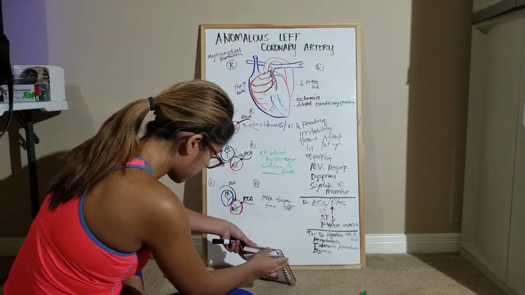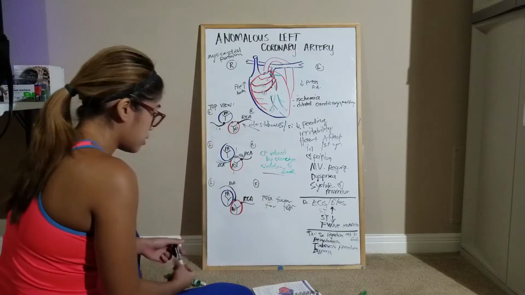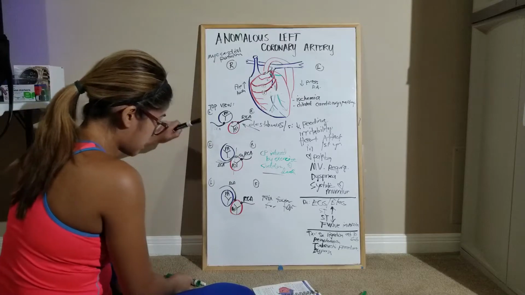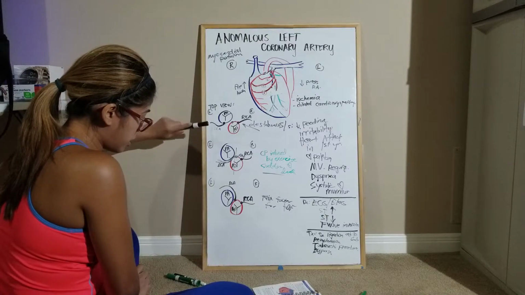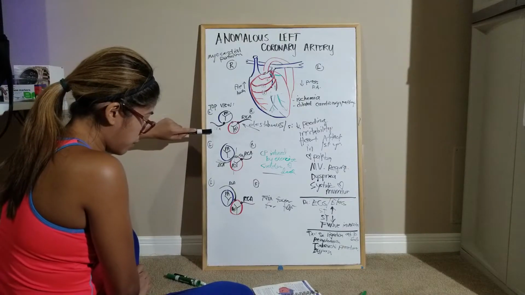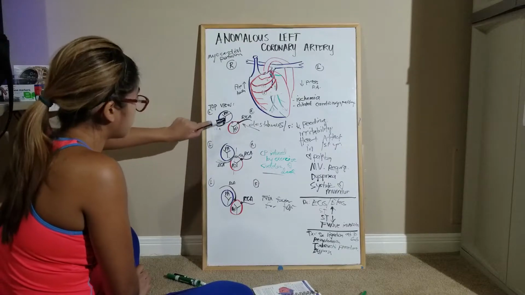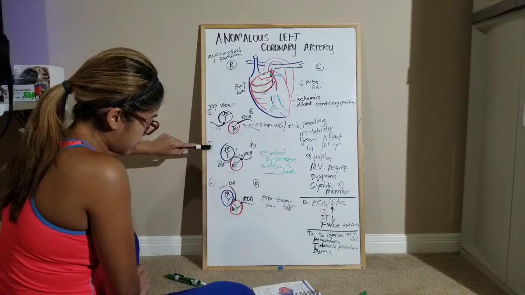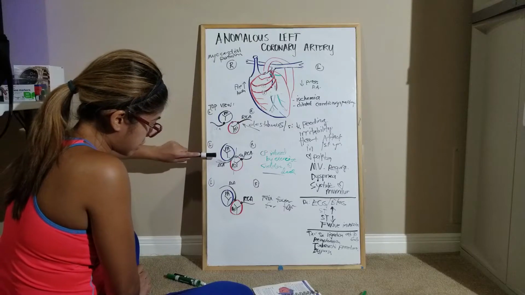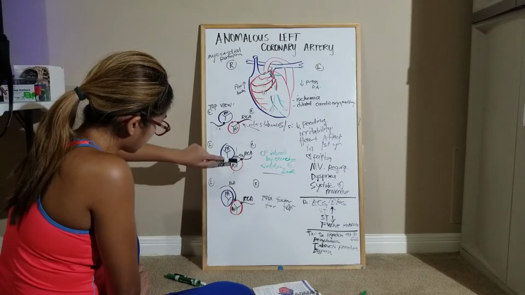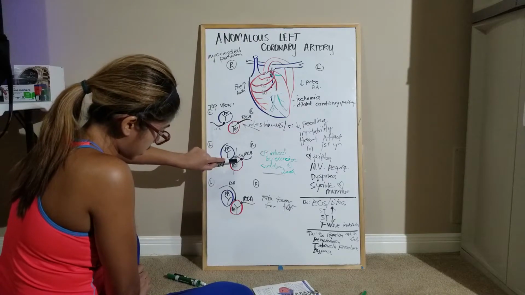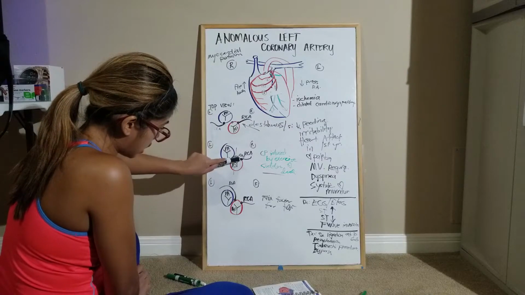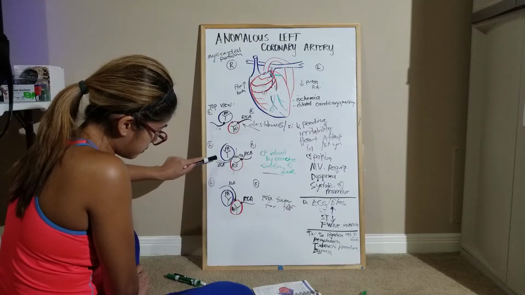So for this part, it says the left coronary artery arises from the pulmonary artery. The second one, the left coronary artery arises from the right aortic sinus, which is on the right side, and passes between the aorta and the pulmonary artery.